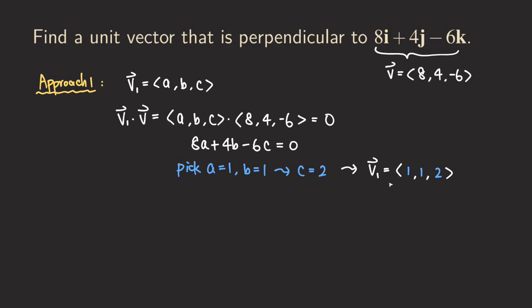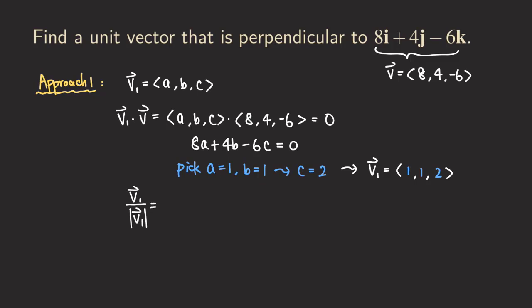Now you may say, what's next? The next step is that we just want to find the unit vector, and that is really simple. We just take this vector and multiply by the reciprocal of its magnitude. So the answer is v1 over the magnitude of v1.